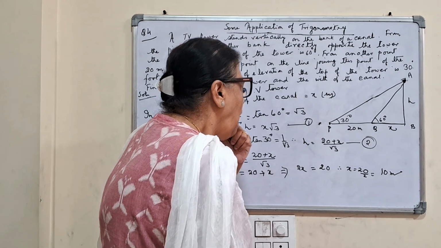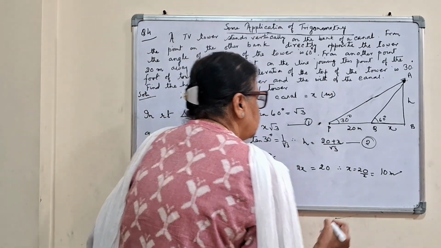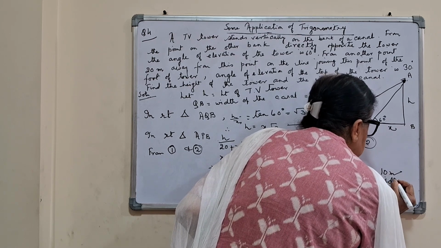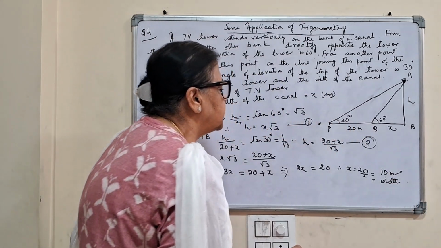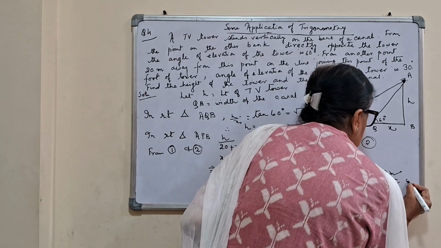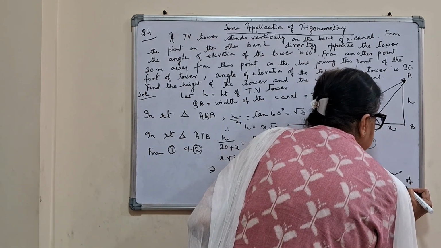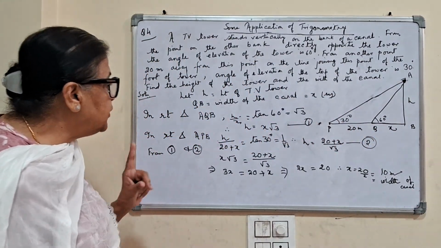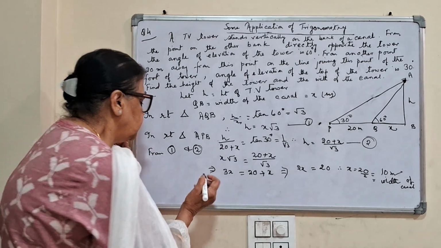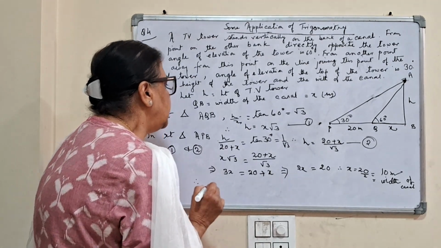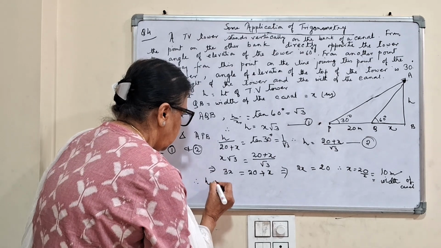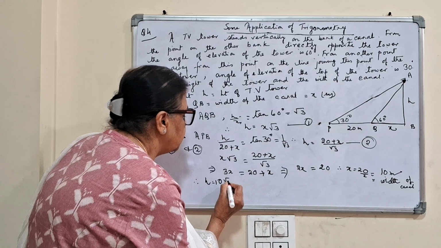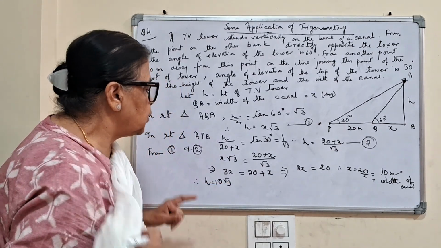10 meters is the width of the canal. Now we have to find out the height. H is equal to 10 root 3, since X is 10.